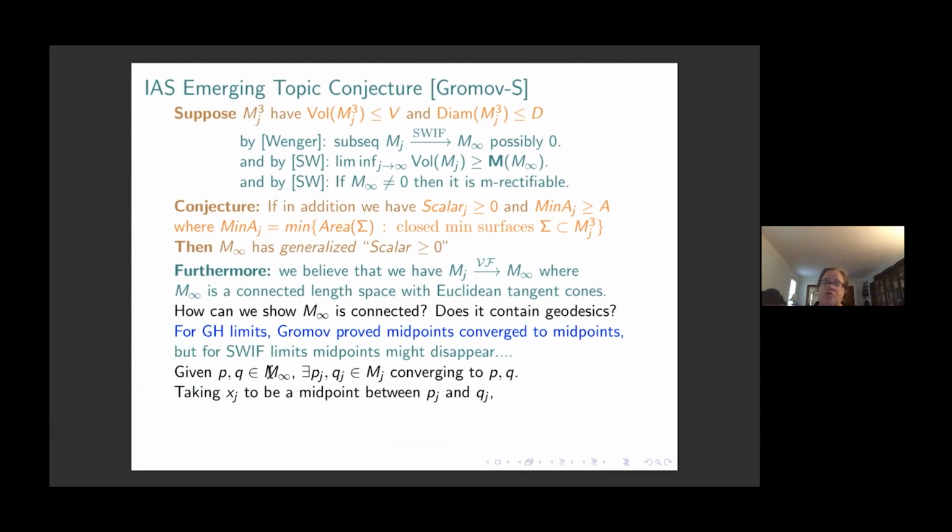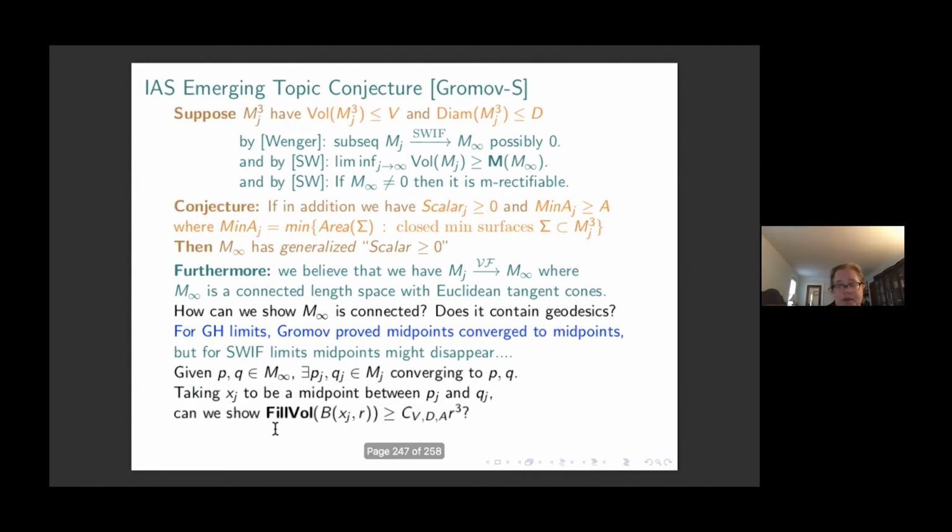So given p and q in M infinity, if there are points in the limit space, we know there are points p_j and q_j that converge to p and q. We understand that notion. Now taking x_j to be the midpoint between p_j and q_j, can we show that midpoint doesn't disappear? Well, we talked about last time that one way to prevent a point from disappearing is to show the filling volume of its ball stays large enough.